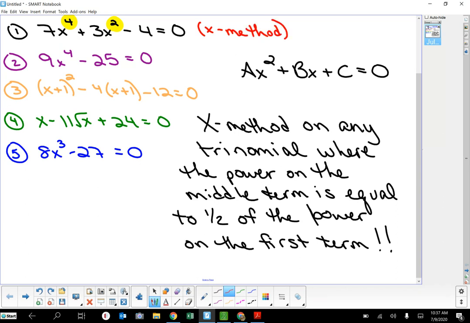Do you see how you could solve number 2? Some of you will probably see it right off the bat, others may not. This is going to be difference of squares.